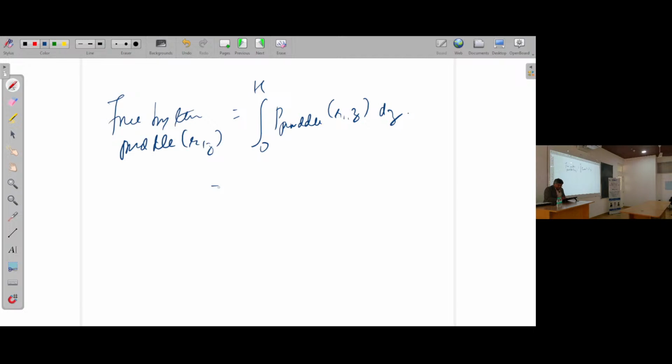The first term is P gas, plus sigma LV kappa, plus you will have rho g (h minus z) dz. You will get something like that.